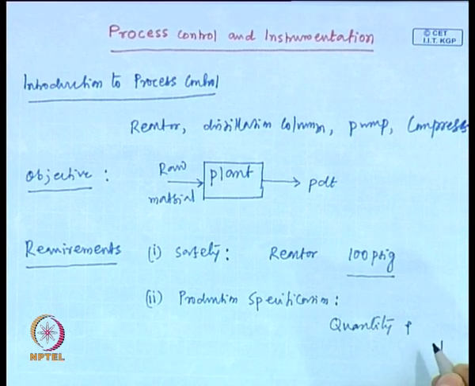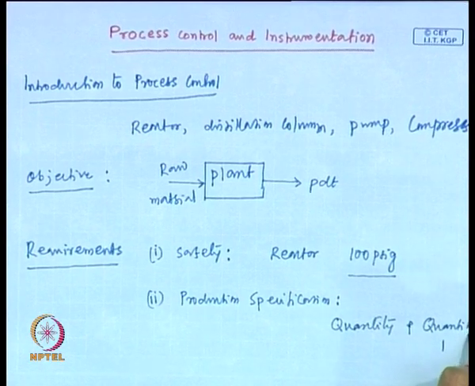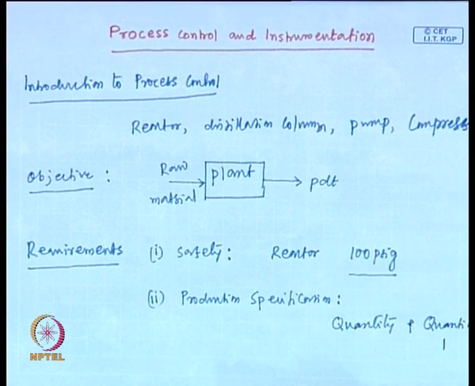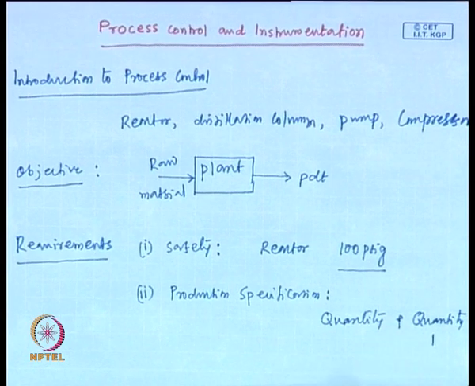So, first one is quality and second one is quantity. We need to maintain the quantity as well as the quality. That is the product specification.